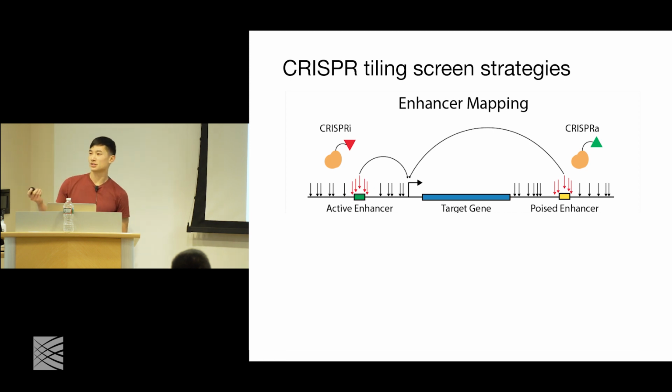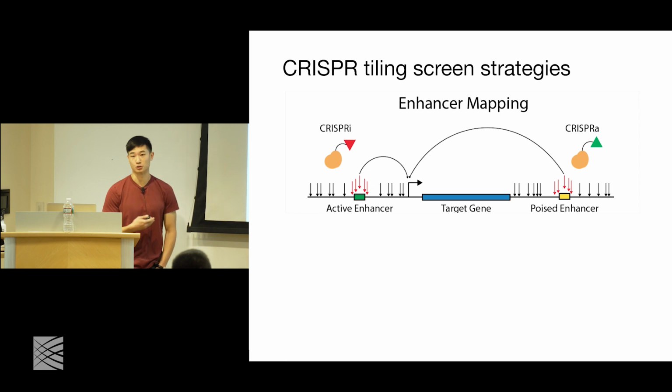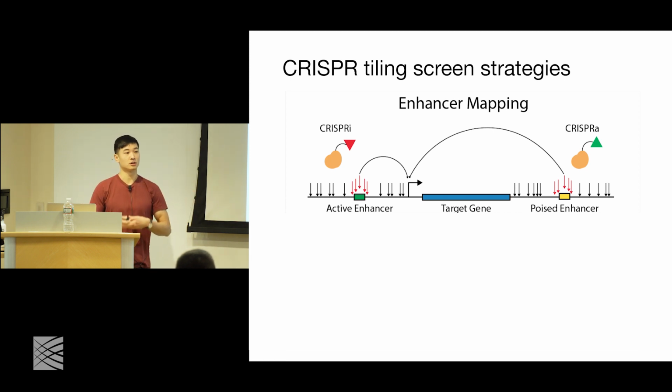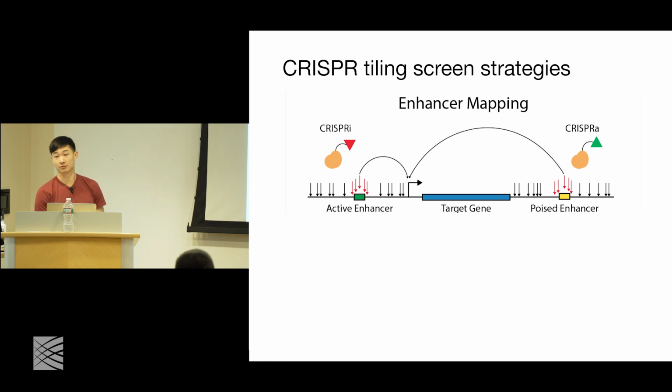So what does this mean? If we know that genetic mutations introduced by CRISPR-Cas9 are very precise and relatively sharp, but CRISPR interference and activation have very broad perturbation profiles, several groups have leveraged these different properties. CRISPR interference and activation are very good at enhancer mapping.